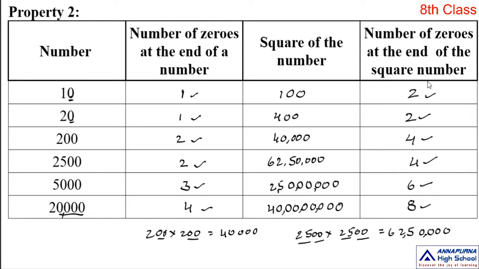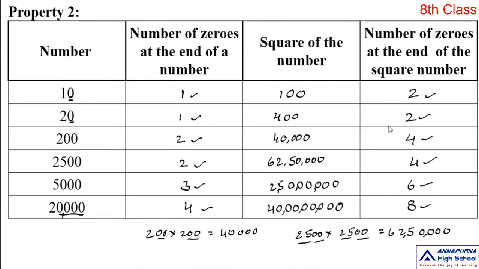The number of zeros at the end of the square number is double. 1 doubles to 2, 2 doubles to 4, 3 doubles to 6, 4 doubles to 8. Double means 2 times. That means if at the end of a number you have a finite number of zeros, its square has 2 times that many zeros at the end.